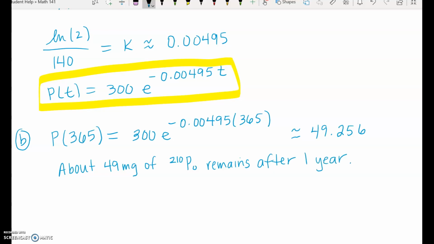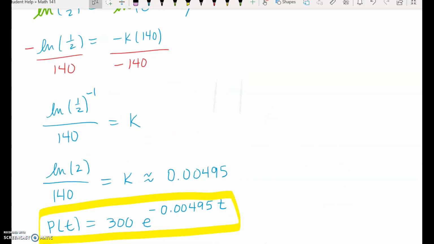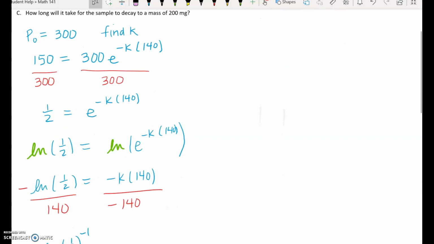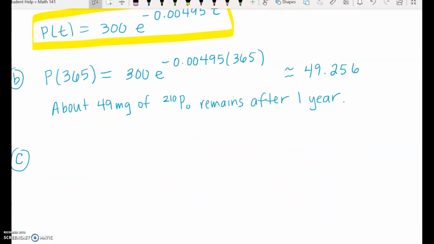For the third part, we're trying to figure out, scroll back up here, how long it will take for the sample to decay to 200 milligrams. So we're going to put 200 here. And we're going to solve for t in this case.